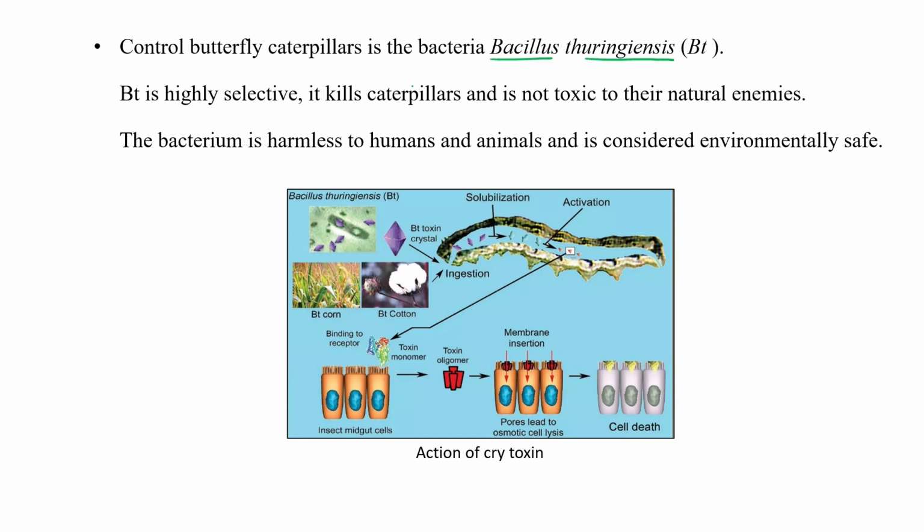Which bacterium? Bacillus thuringiensis. This Bacillus thuringiensis, or BT, is highly selective. It only kills caterpillars and is not toxic to their natural enemies. This bacterium is harmless to humans and animals and is considered environmentally safe.